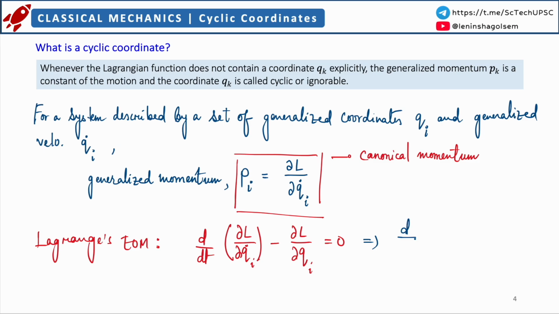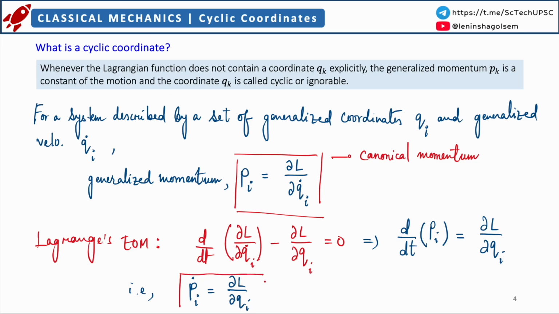This implies d by dt of pi equals del L over del qi, that is, pi dot is nothing but del L over del qi. This is the expression that we need in order to see whatever we stated above. Let us number these equations 1 and 2 for easy reference later on.